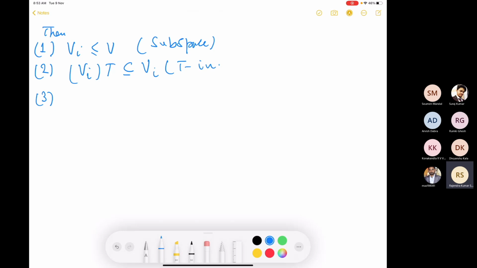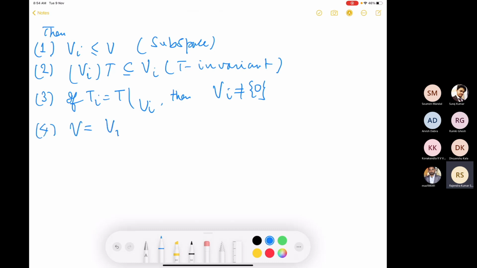And if Ti is the restriction of T on Vi, then each Vi is of course not zero, and V is the direct sum.